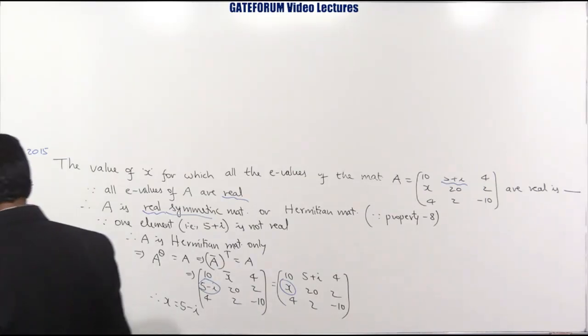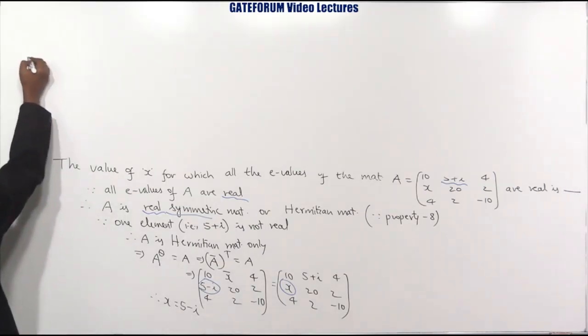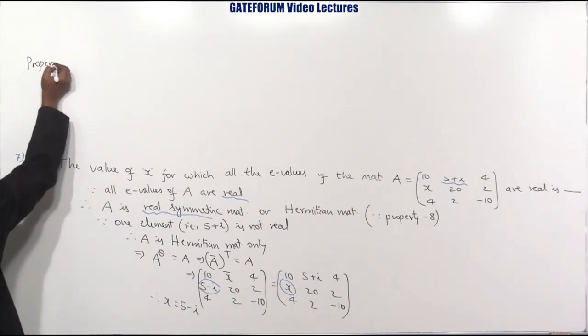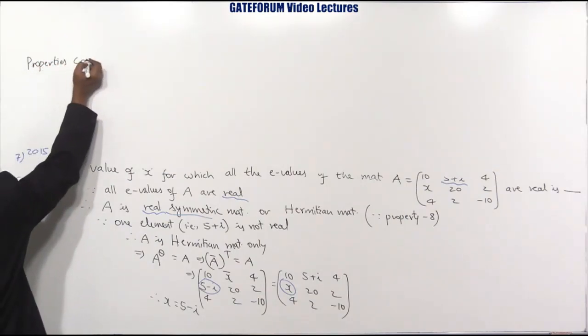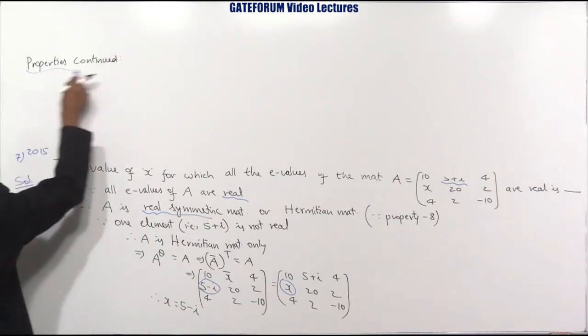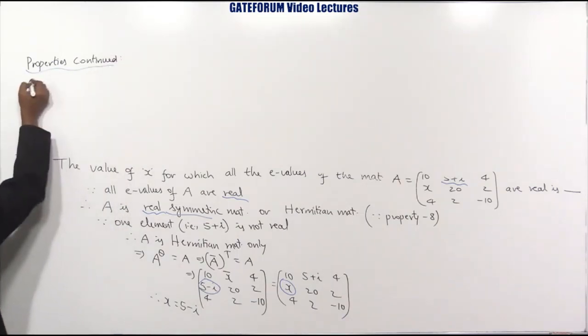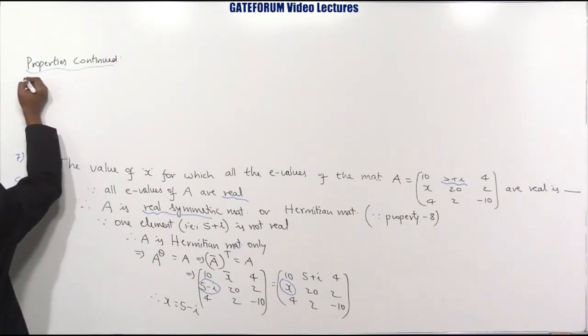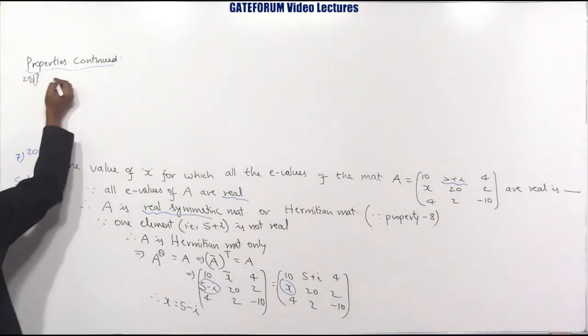So just 2 to 3 remaining properties continued. We already discussed 8 properties, now 9. This question was asked related to 2017.